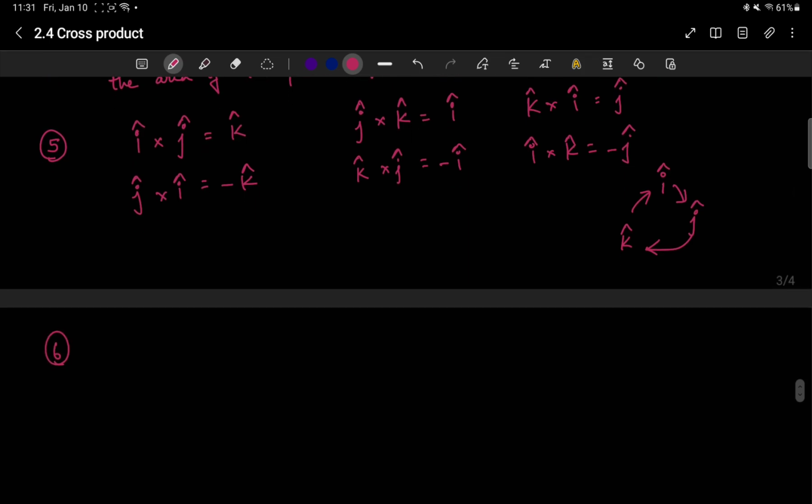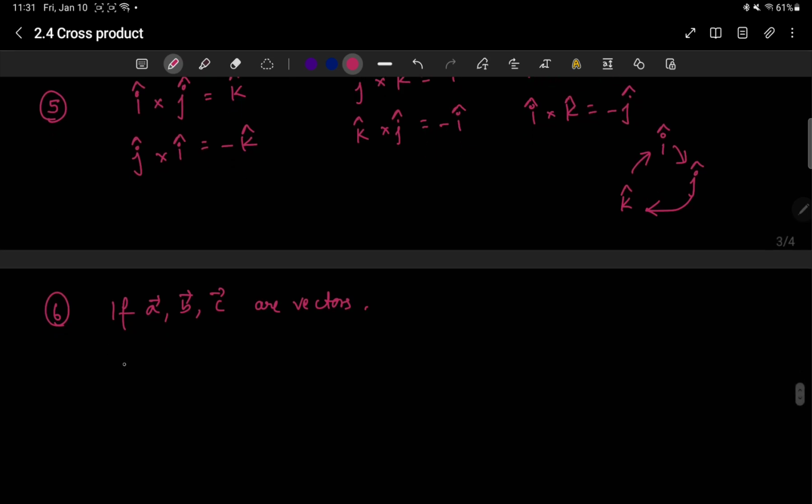Then we have certain sets of properties. Now, if A, B, C are vectors, if you take A cross B and you take B cross A, they are never the same. But there is a relation. One is exactly the negative of the other.